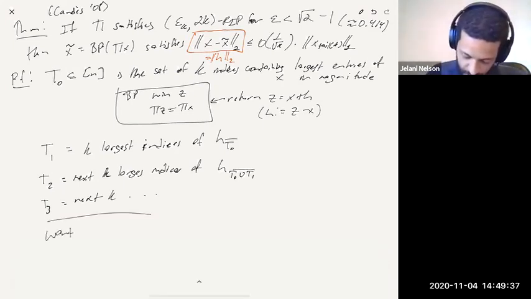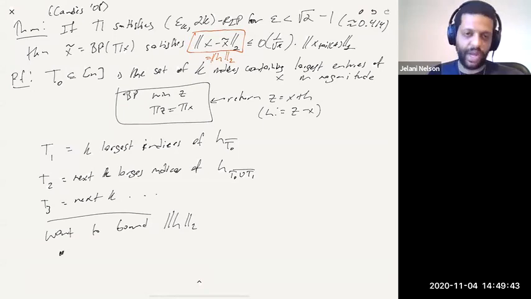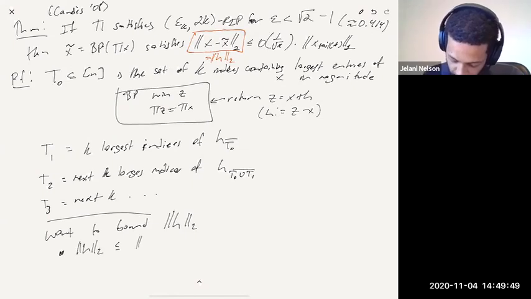So we want to bound the norm of H. What I'll do first is the triangle inequality. The norm of H is at most the norm of H projected onto T0 union T1 plus the norm of H projected onto the T0 union T1 complement.